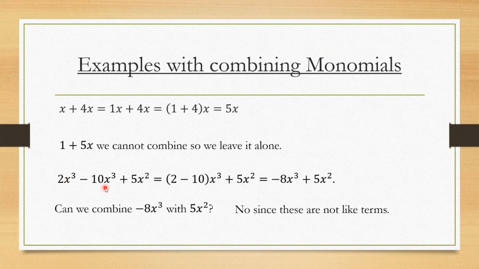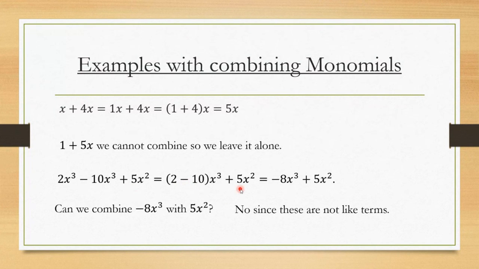So 2x cubed and 10x cubed, we can combine. We can subtract them. How do we do that? We subtract the coefficients. 2x cubed minus 10x cubed is 2 minus 10 times x cubed, which is minus 8x cubed.